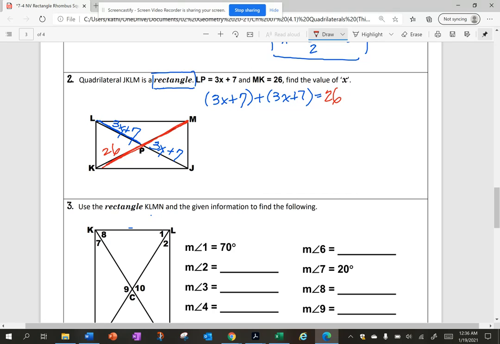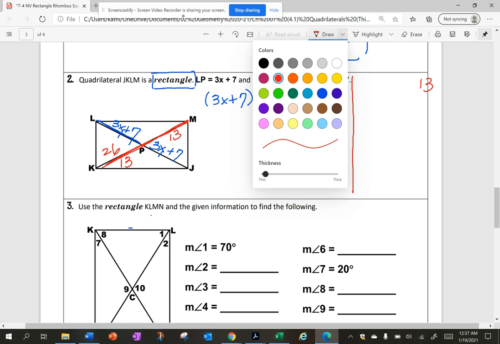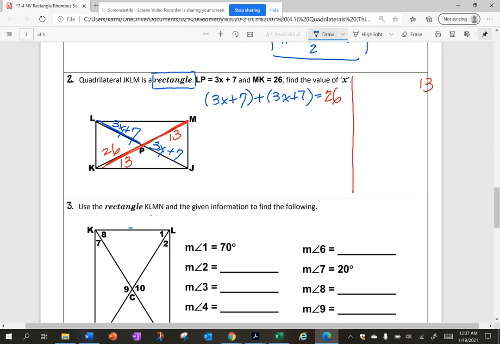Or I could say that I know each half is 13, so 3x plus 7 equals 13. So I can set up the whole equals the whole or the half equals the half.